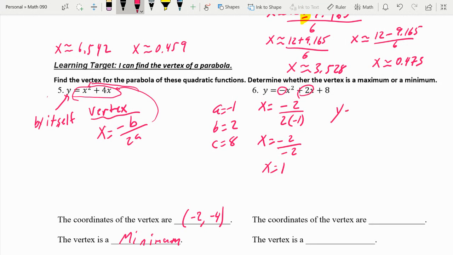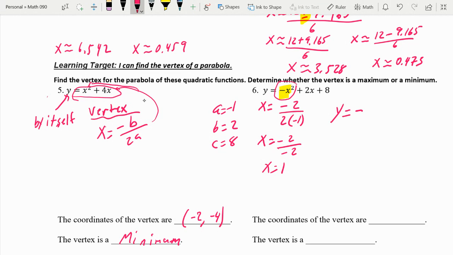Now to figure out the y coordinate, plug all this stuff in. Let me erase all this mess so I can see. Keep in mind, there's a negative in front. What's being squared right here? Only the x is being squared.